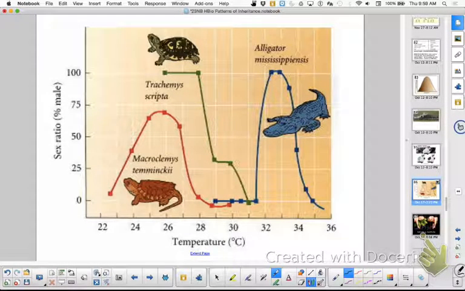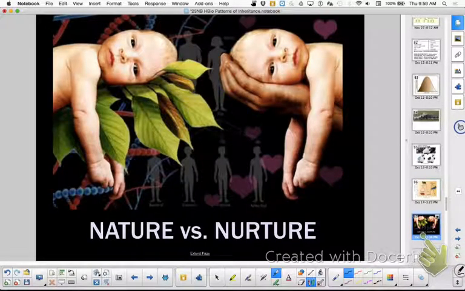reptiles, you can determine the sex, male or female, depending on the temperature of the nest. Will determine whether they're male or female. Okay, that is not unusual, right? Is this my genotype? No, what's my genotype? Auburn with gray. Is that my phenotype? No. Did my environment influence that? Yes. Okay, so that's where your environmental, this is the whole nature versus nurture.